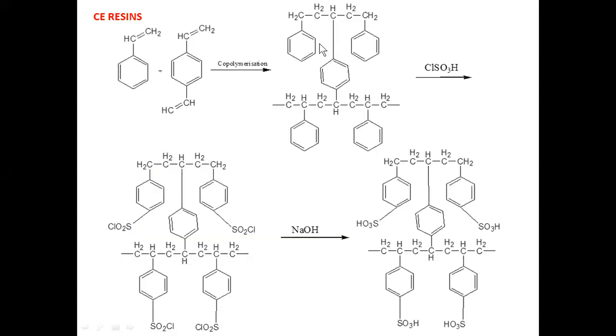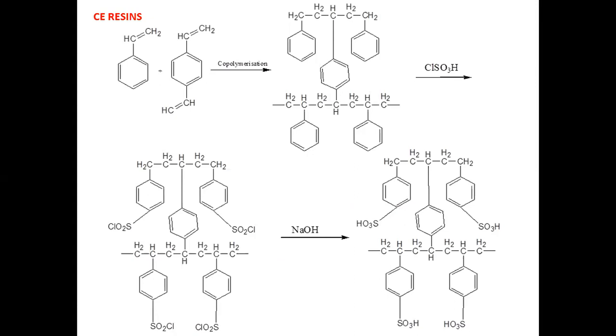So this is the copolymerization reaction between styrene and divinyl benzene to get a copolymer. This copolymer is treated with chlorosulfuric acid to get a sulfonyl chloride, SO2Cl, substituted copolymer. On further treatment with sodium hydroxide, a sulfonic acid substituted copolymer is obtained, and this sulfonic acid substitution takes place at the para position because this is the most amenable position for the substitution reaction.